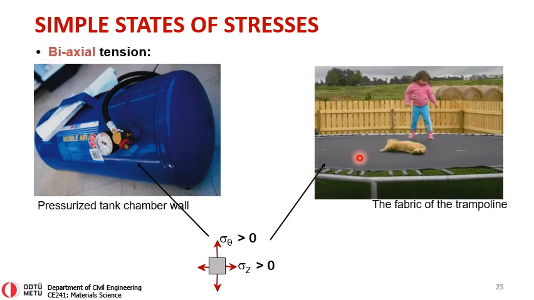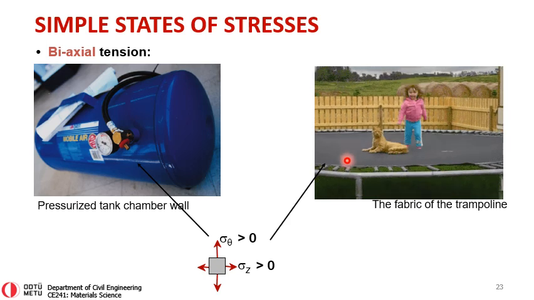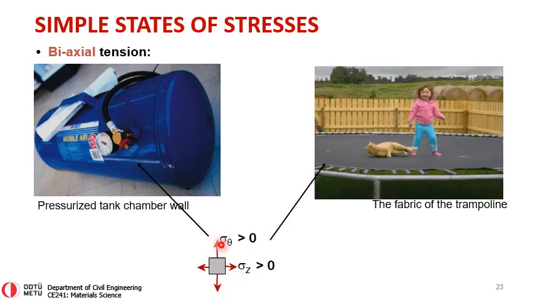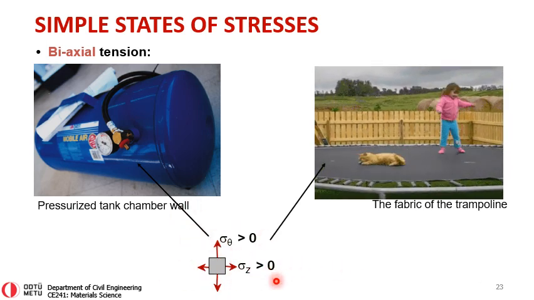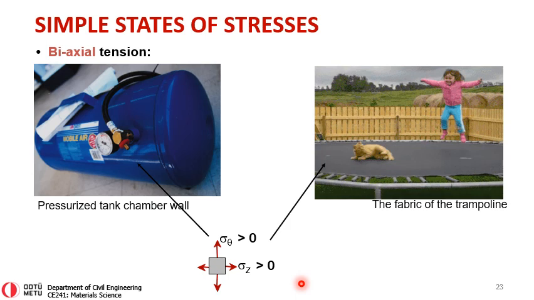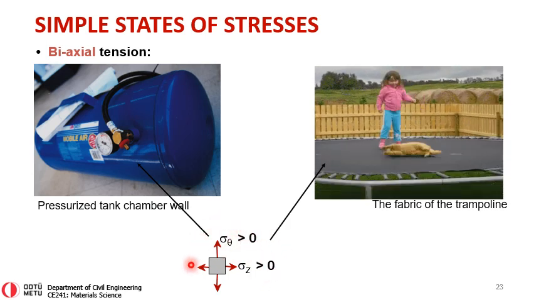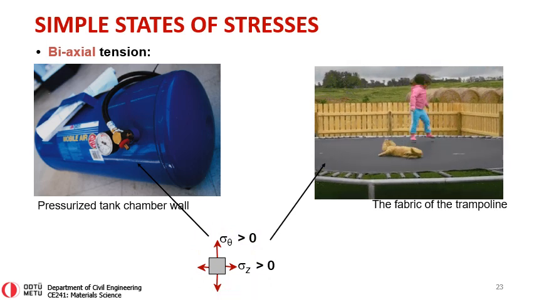And it's the same thing on this trampoline where the kid is jumping. On this trampoline, there will be these two tensile stresses, which are also called membrane forces or membrane stresses. They are shown as greater than 0 to show you that both of them are acting in tension.